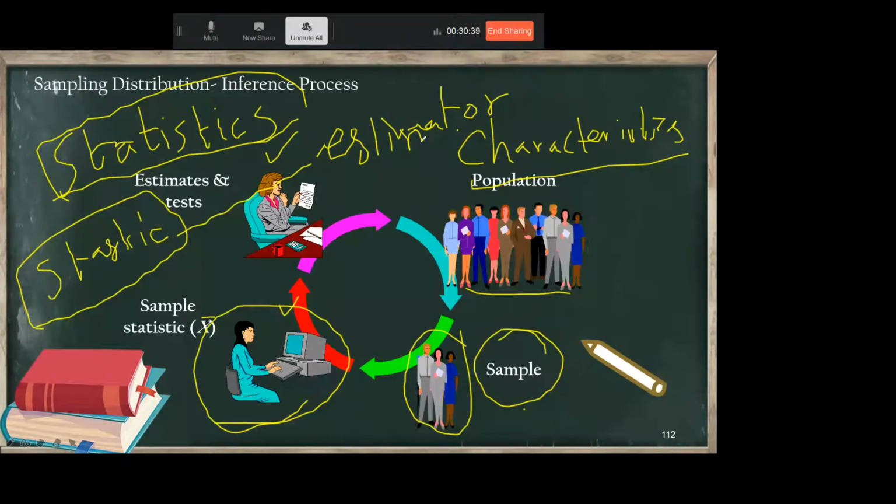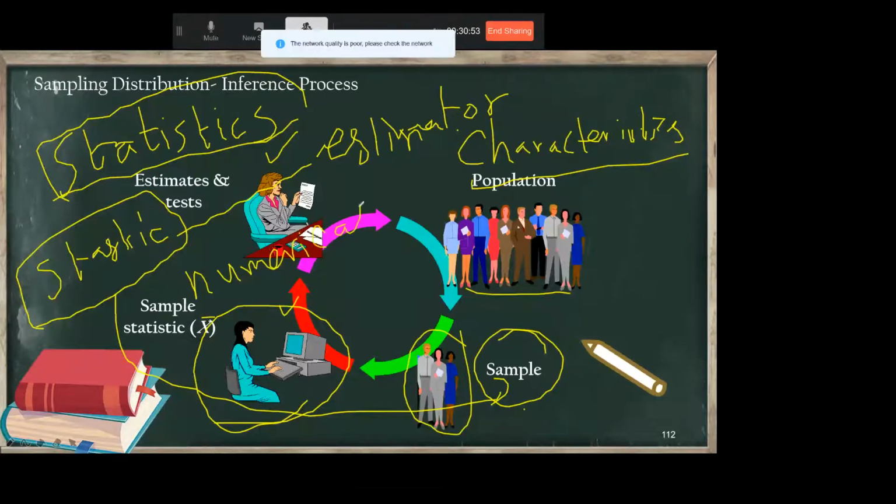Estimator, basically, it's a numerical value which can be calculated based on the sample data. So this is the statistic.